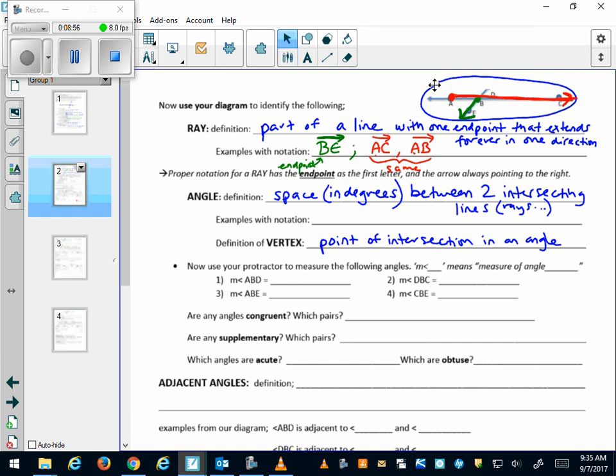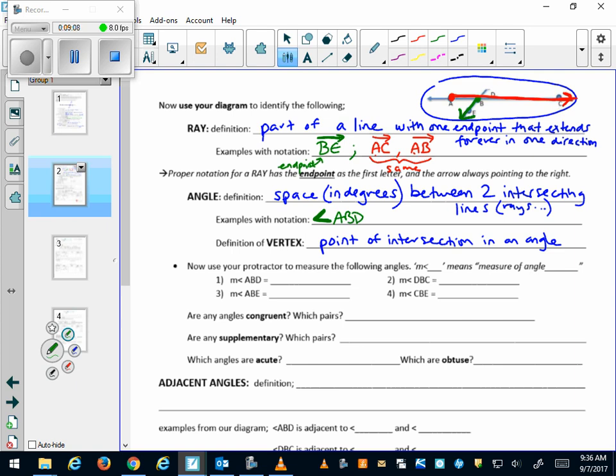So from our diagram, we have a few angles that we could name. The symbol for angle looks like this. Looks like an angle. Okay, so we can name angle ABD, let's say. Angle ABD would be this angle right here. Start at A, go to B, end at D. That would be that angle there.